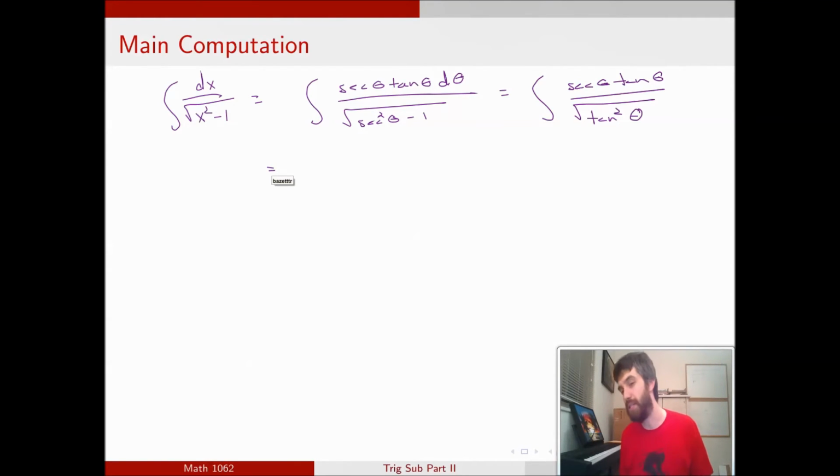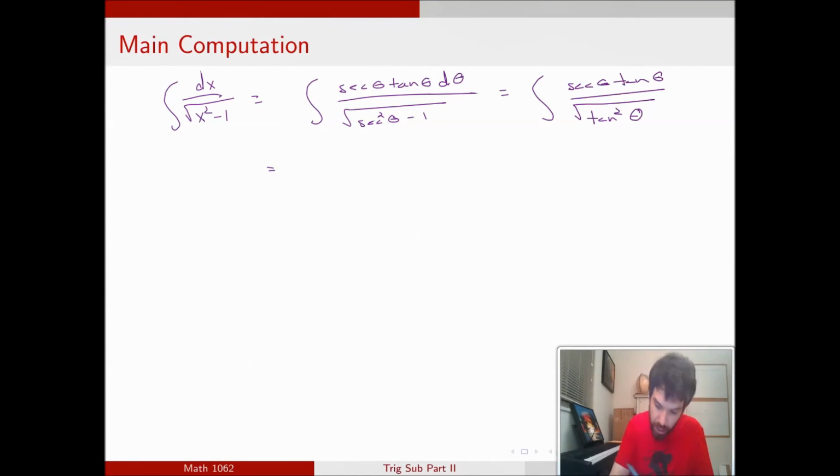You'll notice that we have 0 to pi over 2 is one of our regions, and by the way, tangent, which is sine over cos, both sine and cos are positive in that region, so that's going to be positive. Likewise, between pi and 3 pi over 2, both sine and cosine are negative, and therefore tangent is again positive.